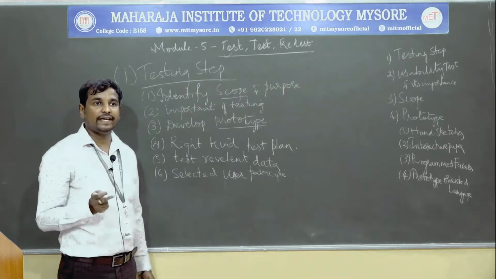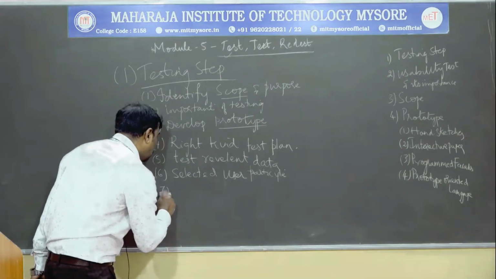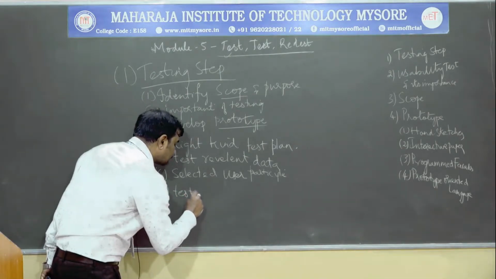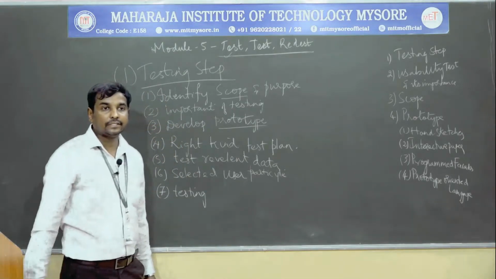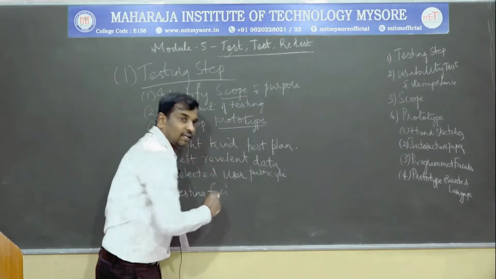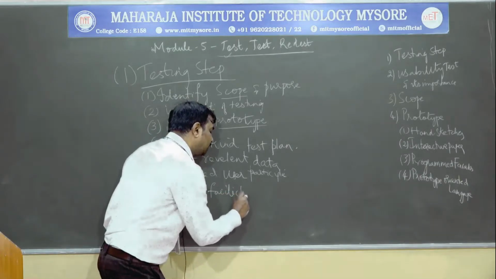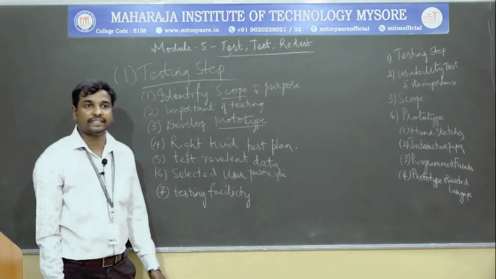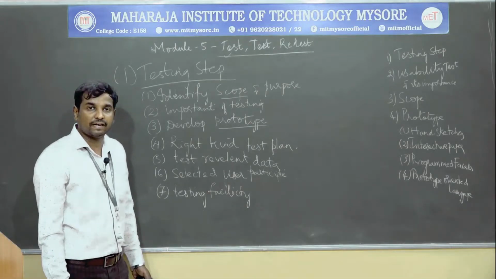We need to provide proper testing facilities for the people participating in the testing operations. Facilities means the prototypes with the relevant information, and we need to give proper training to the persons using it, and we need to get feedback from them.